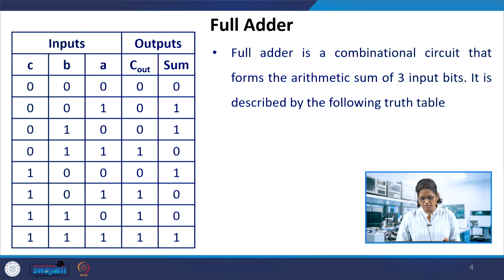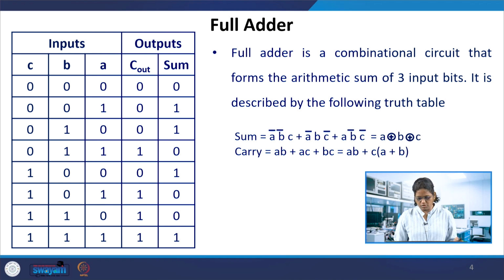So the carry out and sum can be obtained through this. The expressions we know very well: the sum is A XOR B XOR C, and the carry is generated by AND logic followed by OR logic, where AB, AC and BC are ANDed and then ORed.